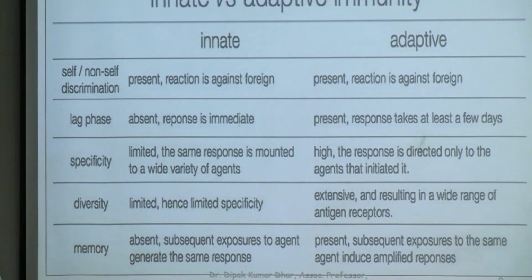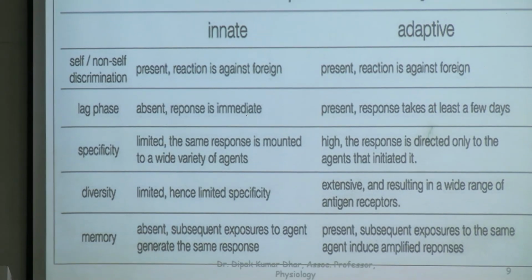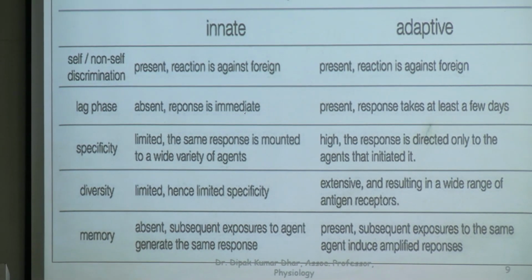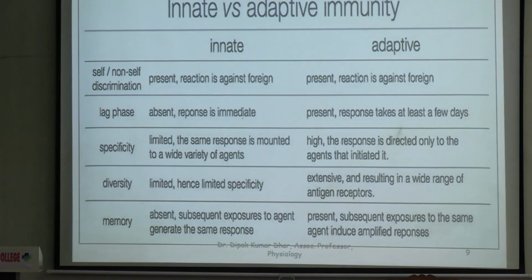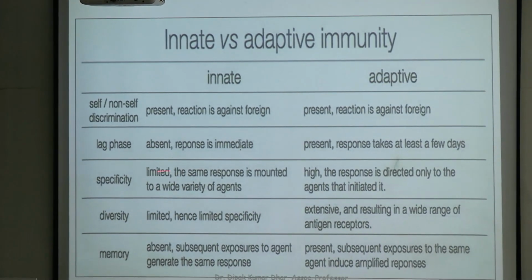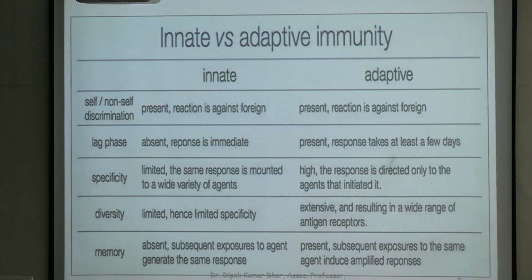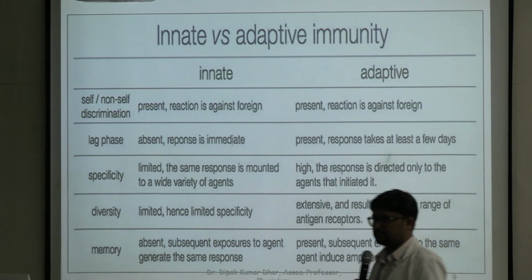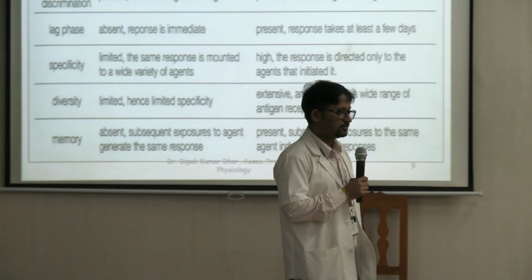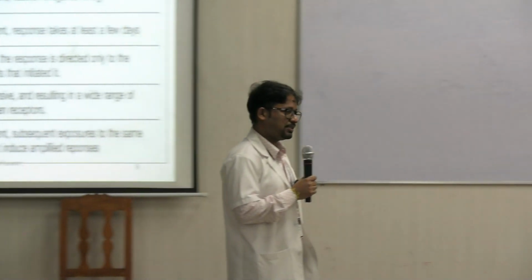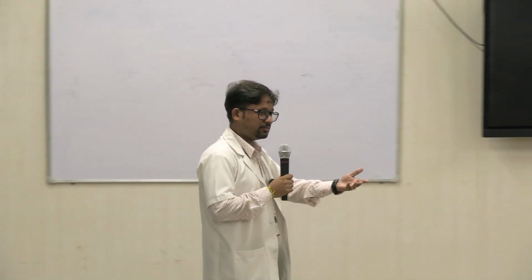Third aspect is specificity. So innate immune system specificity is very limited, right? As I said, why is it limited? Anyone? The innate system is the natural thing which is already present.